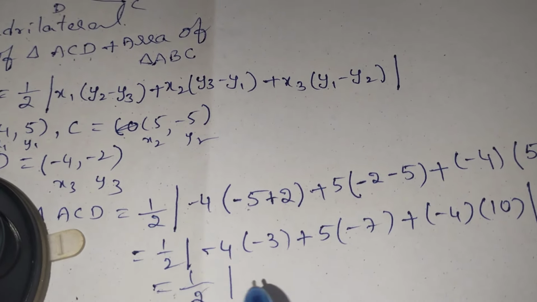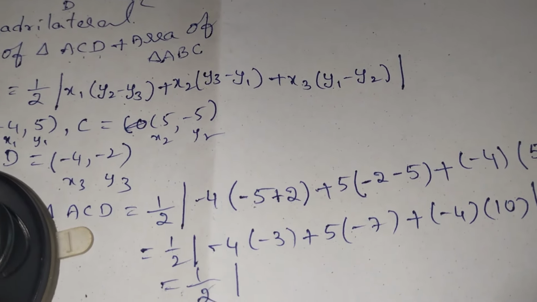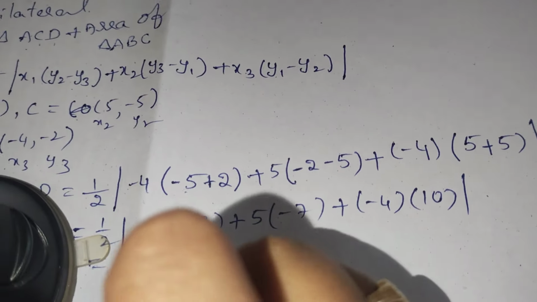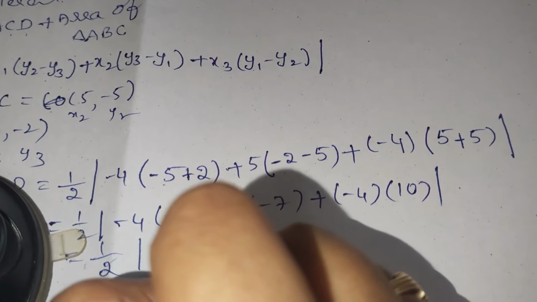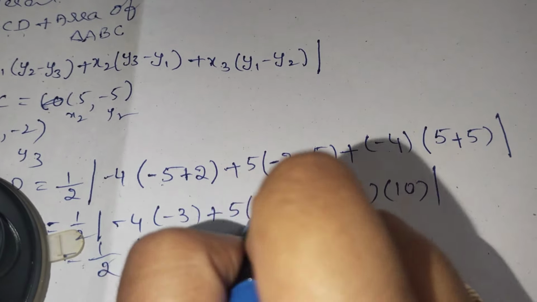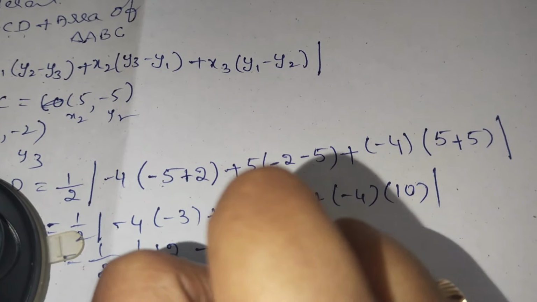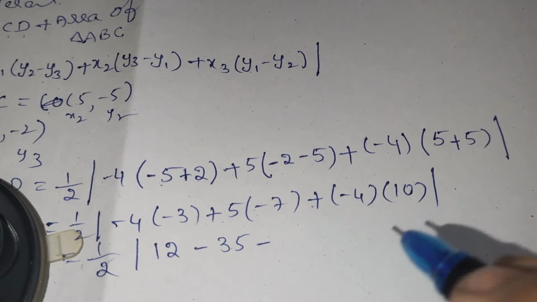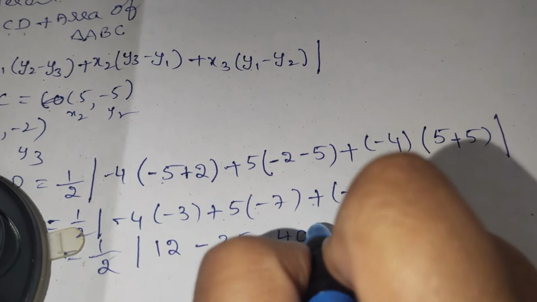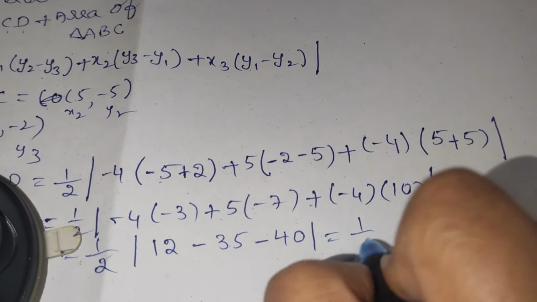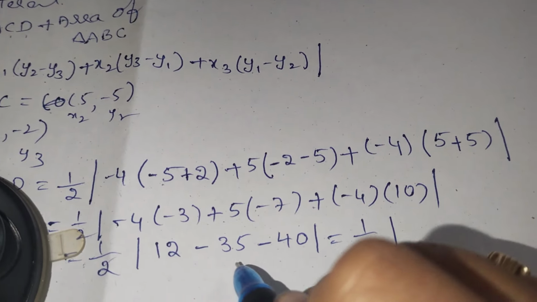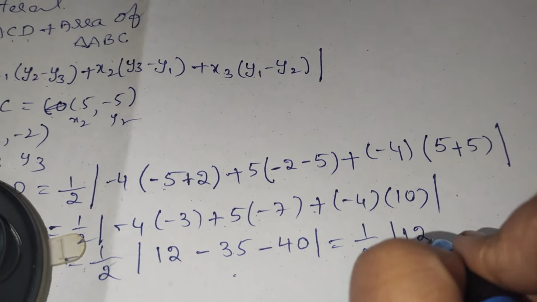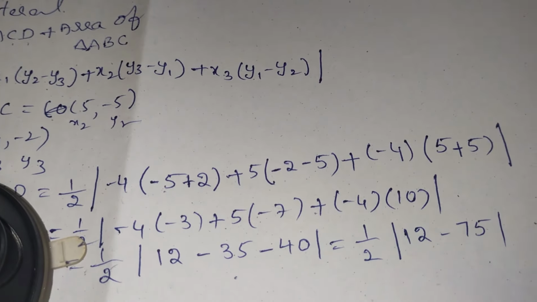Now minus minus plus. 4 3s are 12, and plus into minus minus 5 7s are 35, and plus into minus minus 10 4s are 40. So now 1 by 2 mod, here 35 minus 40 is minus 75. 12 minus 75.